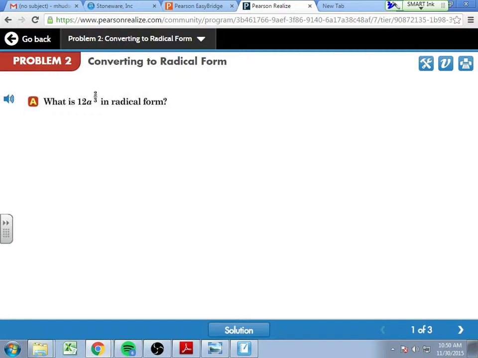Jacob? So the a is to the power. So what you would have is 12 times a cubed squared. So 12 times a, you mean the cube root of a? Cube root. And then do I put this in parentheses? Yep. Anyone disagree?